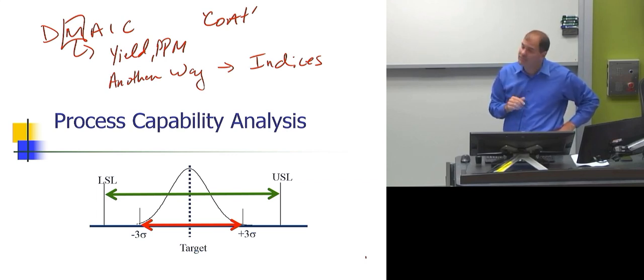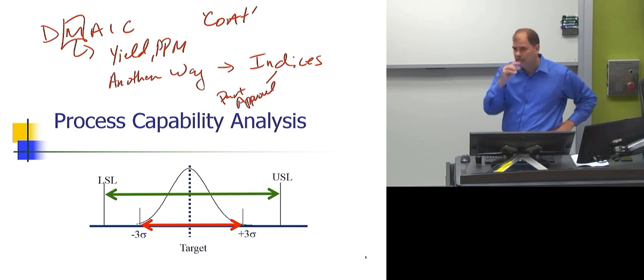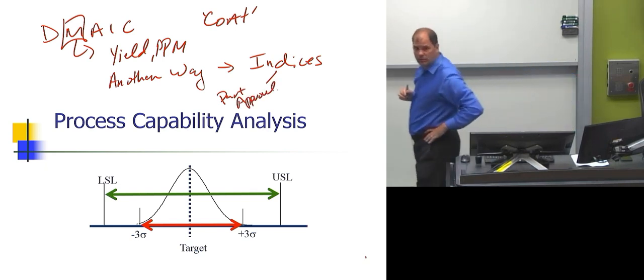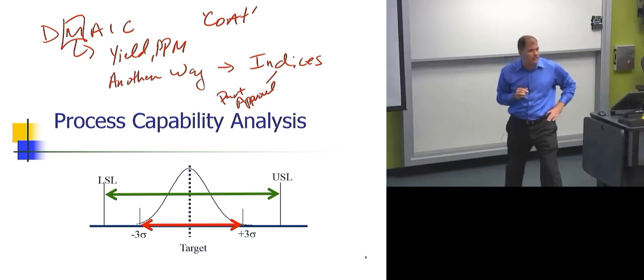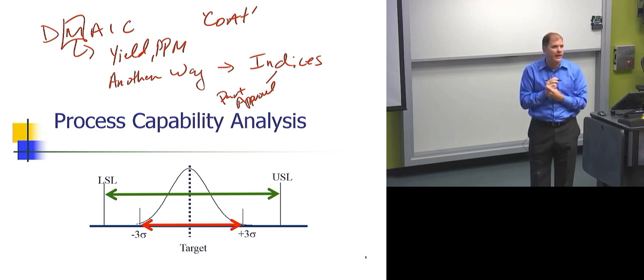This index has some different uses in industry. In industry, people use this for part approval. So there are many companies, in particular those in, say, the automotive industry or aerospace industry. They have what's called the production part approval process, or PPAP.